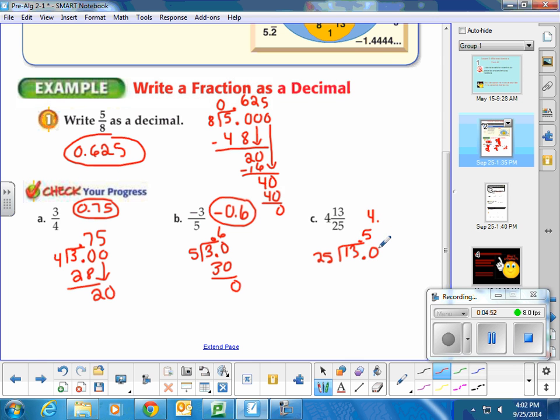I thought about quarters to help me with that, because 5 quarters would be $1.25, or 125 cents. Now when you subtract, you get 5 left over, add a 0, bring it down. 25 goes into 50 twice. So the 13/25 portion is 52 hundredths. So our answer is 4 and 52 hundredths.